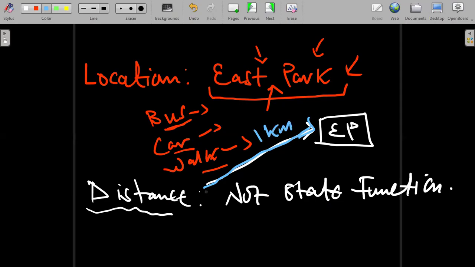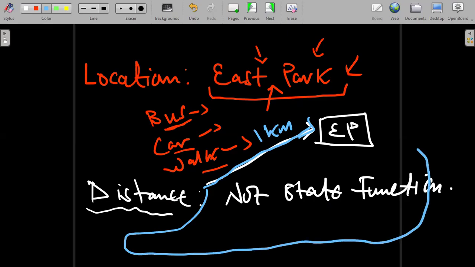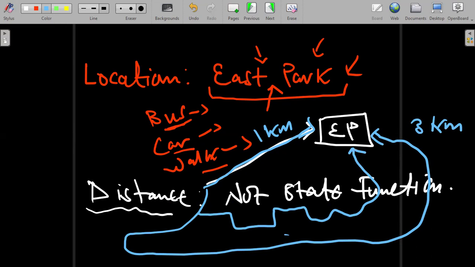Or maybe you first go like this, going like that, and then you go to East Park. The distance that you would have covered here may be 3 kilometers. And then you can also use another road that is a bit shorter. You go like that, and then you reach East Park here. Maybe you take 2.5 kilometers.